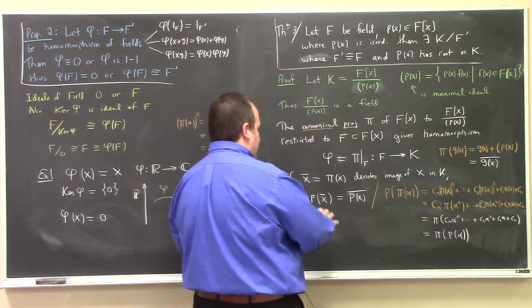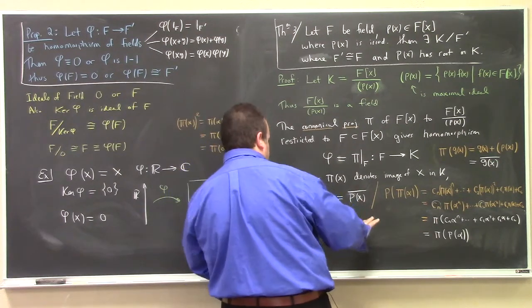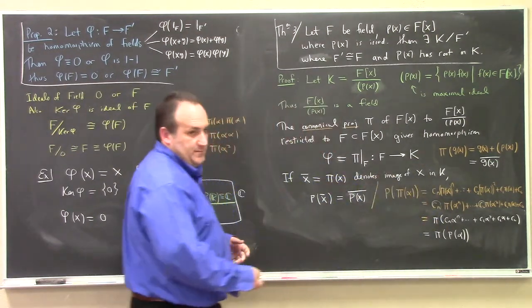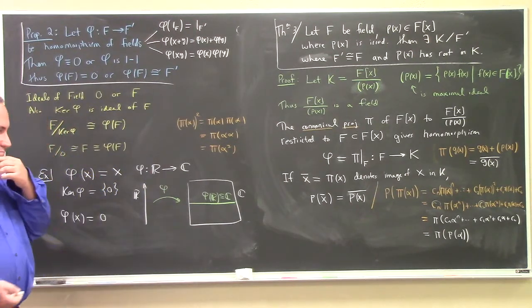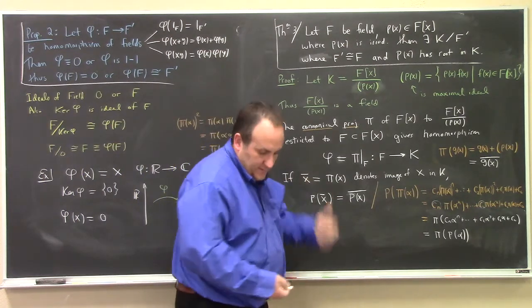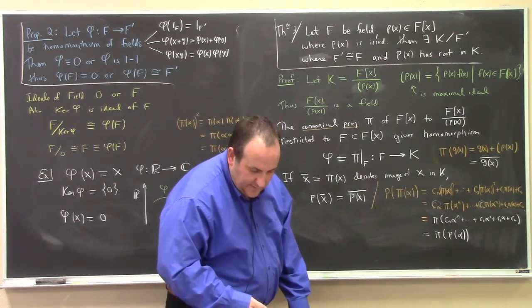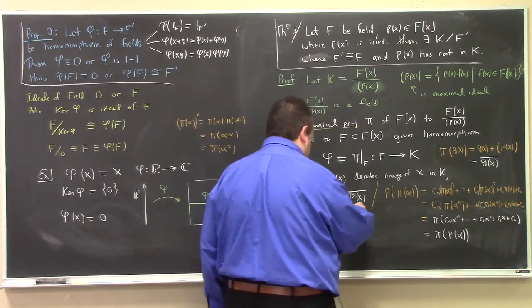So when he says P of x bar is equal to P of x bar, he's doing all that. No, but I get it. And then he's like, well, remember that this is just notation for what?